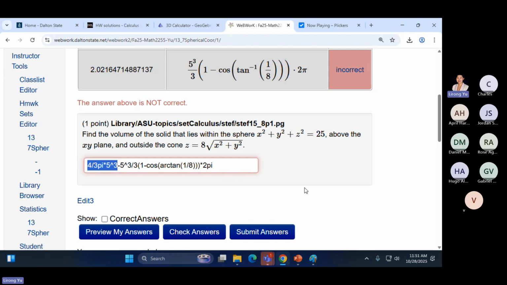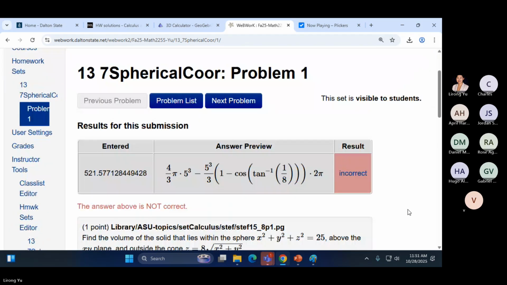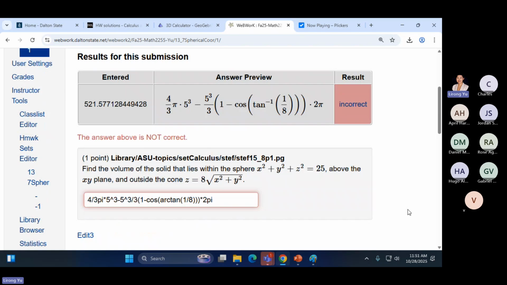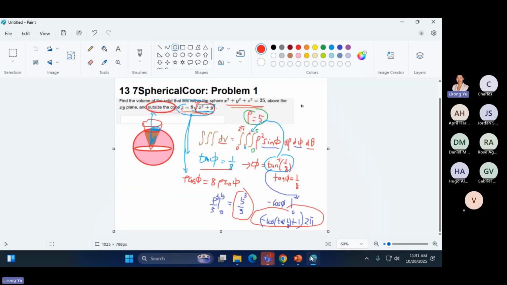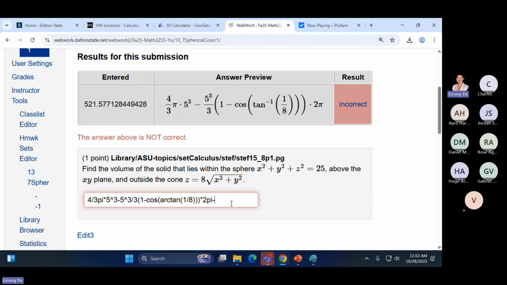If you subtract the volume within the cone, you should get the volume outside the cone. It also says above the xy plane, so let's subtract. It's half of the sphere, so 2 over 3 and subtract.